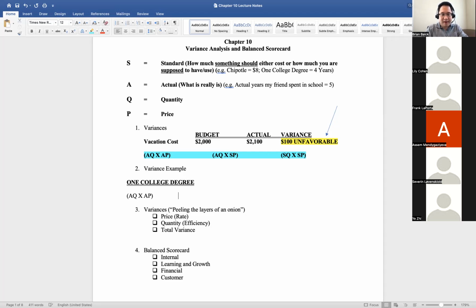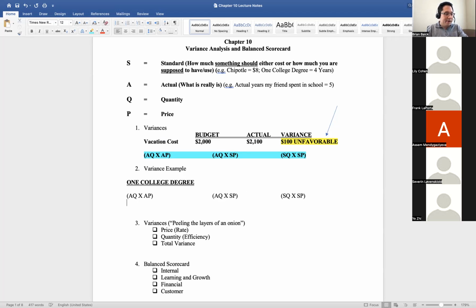In the middle we have AQ times SP, and then SQ times SP. All right, so to get one college degree, let's start over here on the right side because this is standard. Standard means like your budget or what you expect. So let's start on the right side and then we'll move to the left.